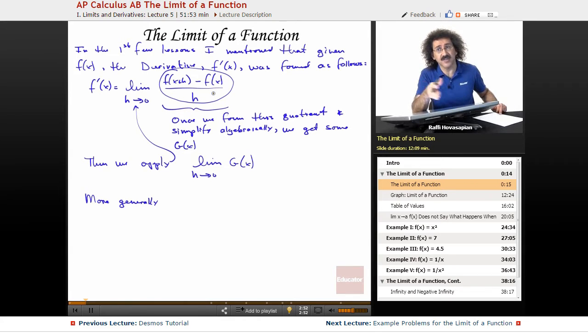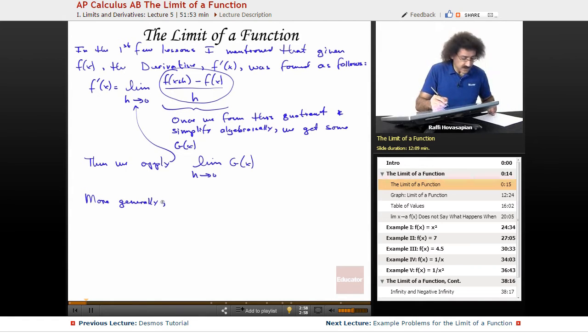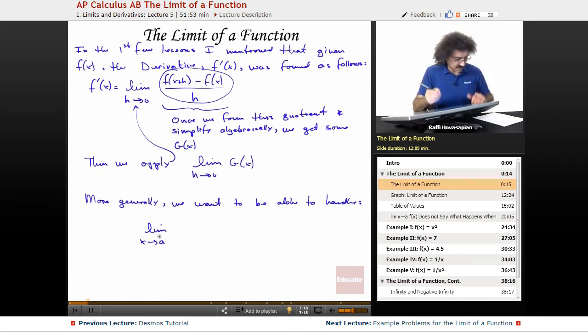So we want to be able to handle limits whenever they come up, not just in the context of differentiation: the limit as x approaches some number of any function f of x, whether it's in the context of a derivative or not. This is what we're going to do for the next couple of lessons.